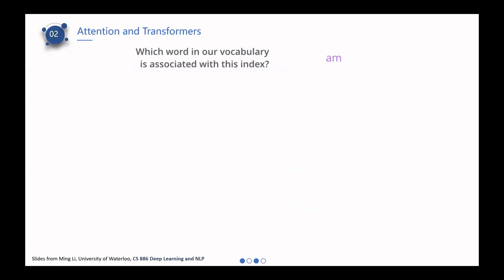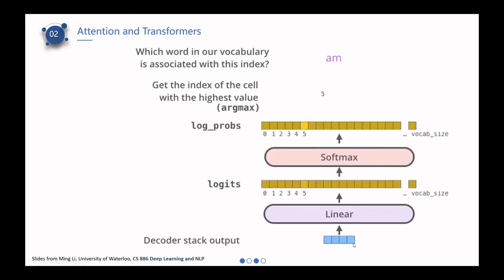Now, at the end, we want to do translation, right? So we want to find out which word in our vocabulary is associated with this index. So maybe it's 5. The way we do it: get this decoder output, linear layer, then we get these logits. The logits will be based on the vocabulary size we have.